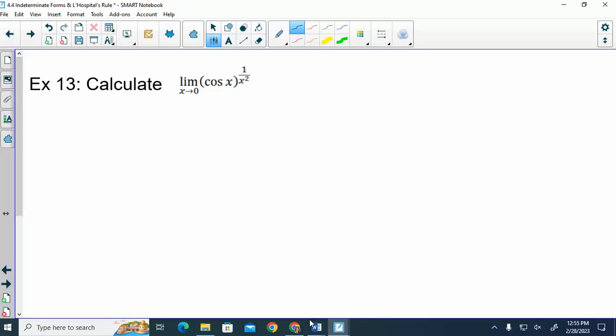Alright, so on this one, cosine of 0 is 1. 1 over 0 is going to infinity. So what's 1 to the infinity? Nothing. We don't know. So what do we do? The exponent comes down.